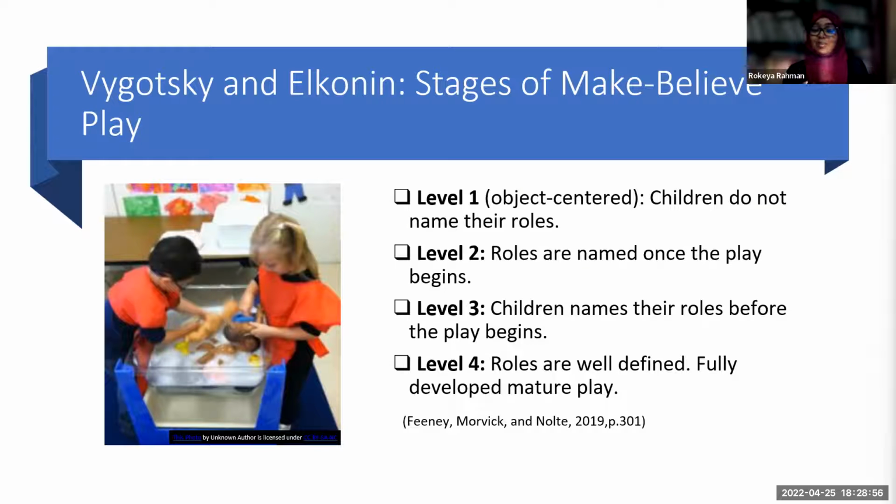This is what's going to happen and you are going to do this. So they will be defining and coming up with the whole event, distributing different roles and coming up with different rules and stuff. So that's basically level number 4. It's more well-defined characters and also scenario and everything, the storyline and more mature play.